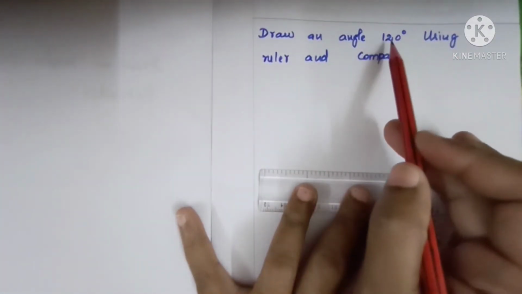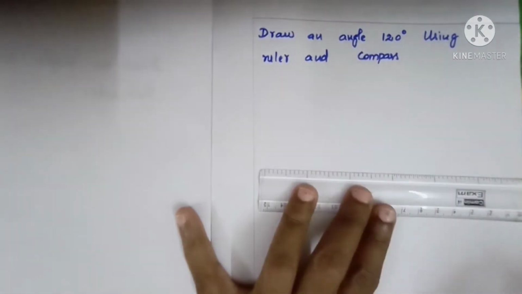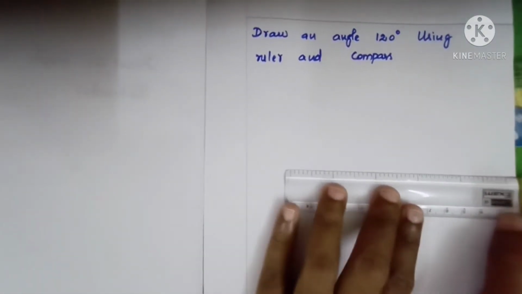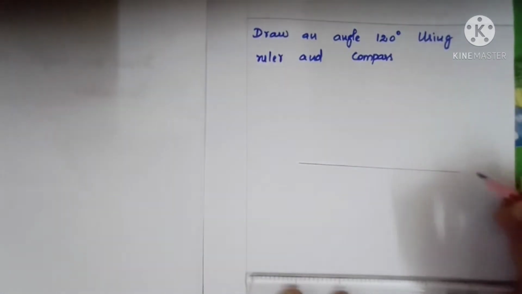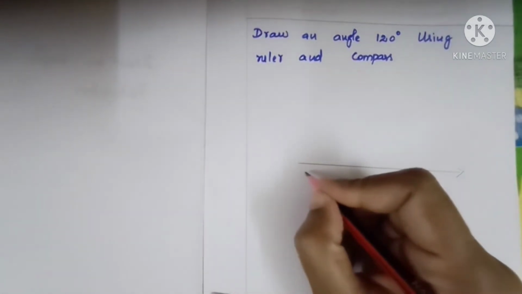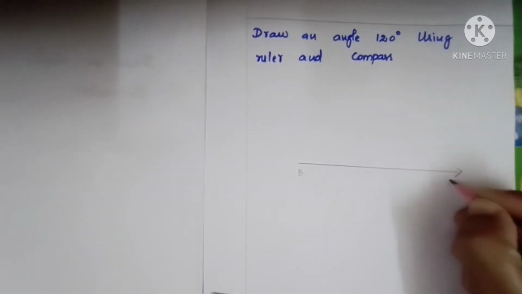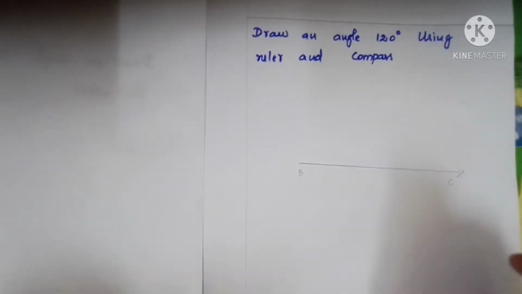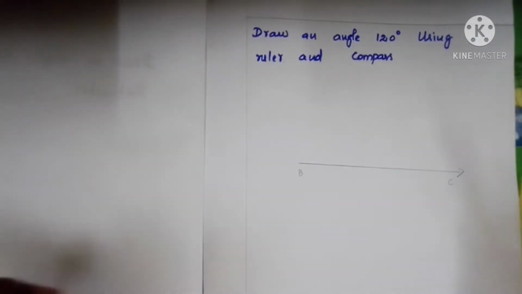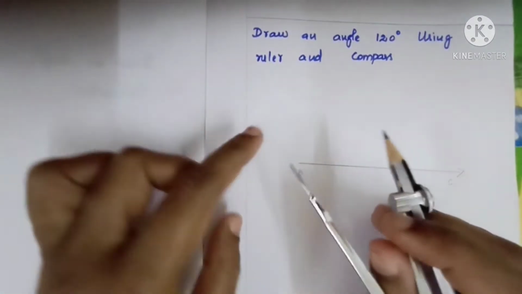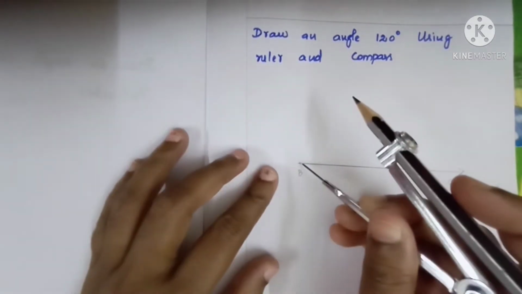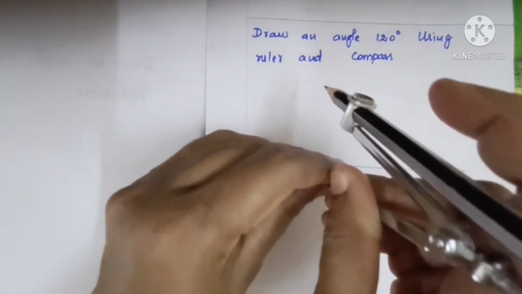Draw an angle 120 degree using ruler and compass. So first of all, here also draw a ray BC. Take your compass with B as center, with any radius, draw an arc.